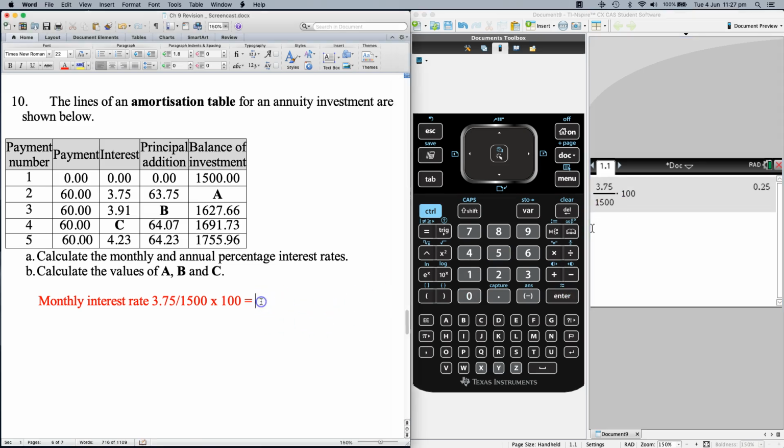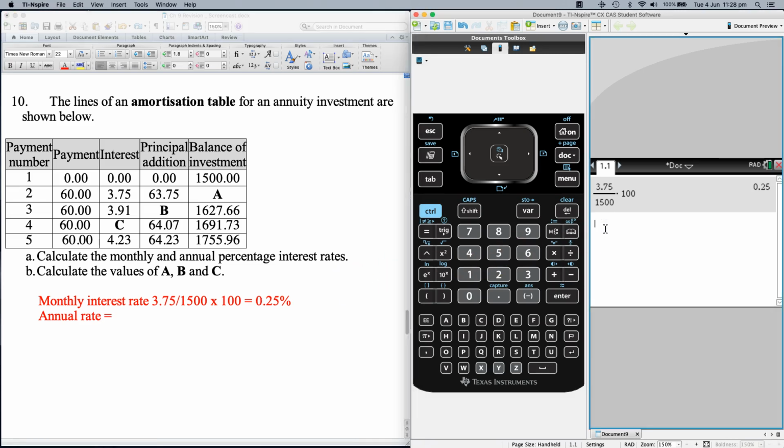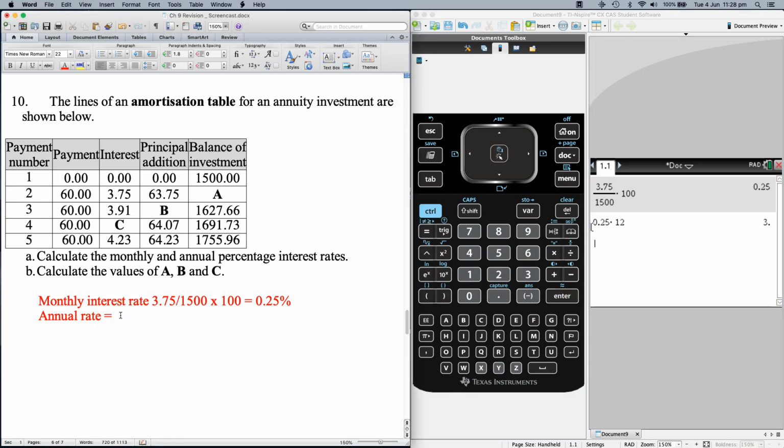So we get a monthly rate of 0.25%. To get our annual rate, we will just multiply that by 12. Okay, and so our annual rate for this question will be 3%.